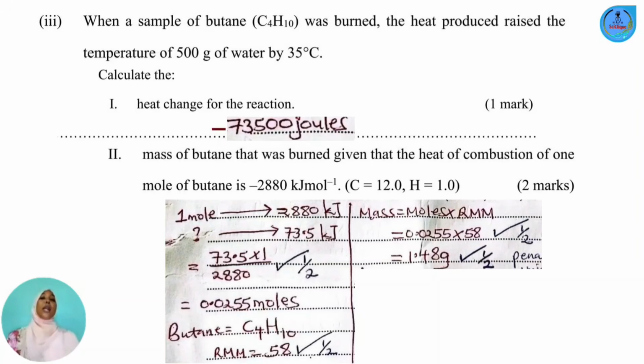So the relative molecular mass of butane is 58. We know the moles, we know the RMM. If we multiply these two values, we end up having the mass. And the mass of butane that was present in the sample that was burnt was 1.48 grams. And there we have it.